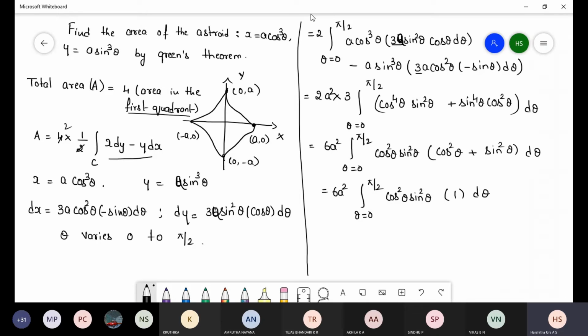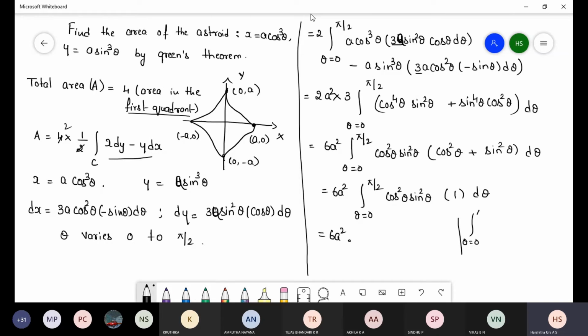Now again we have to apply here the properties of the integration, that is even and odd property. So 6a square I will write as it is. First I write here the formula.